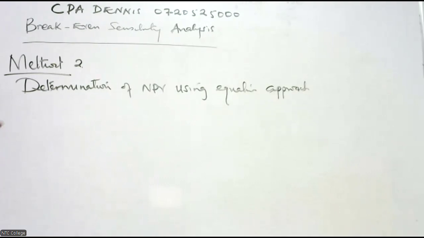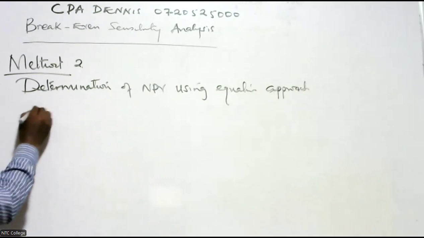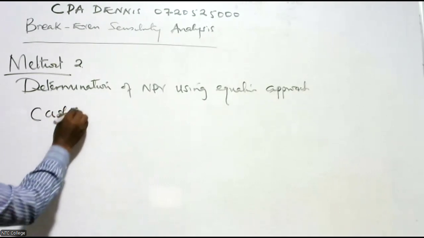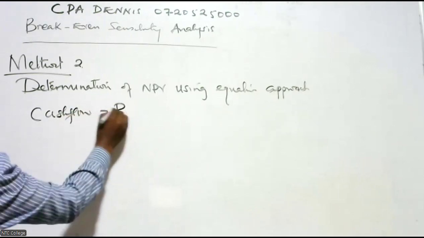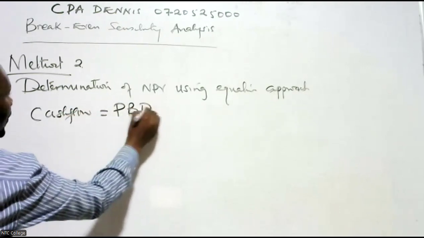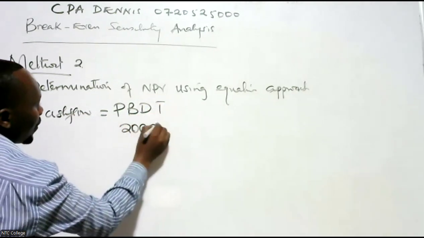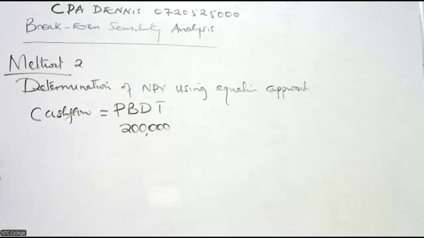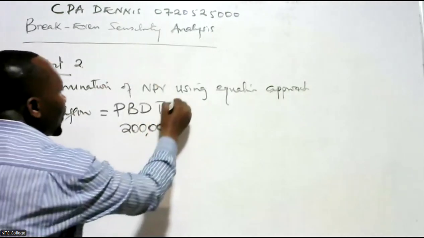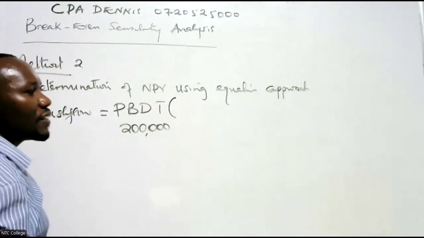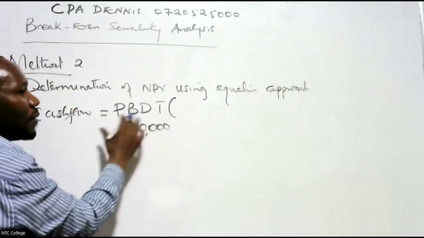What we do, we have the normal cash flow equal to profit before depreciation and tax, which was 200,000. Then we can tax the whole of it. So if we tax the whole of it, it means that on our side we shall only remain with 70%.